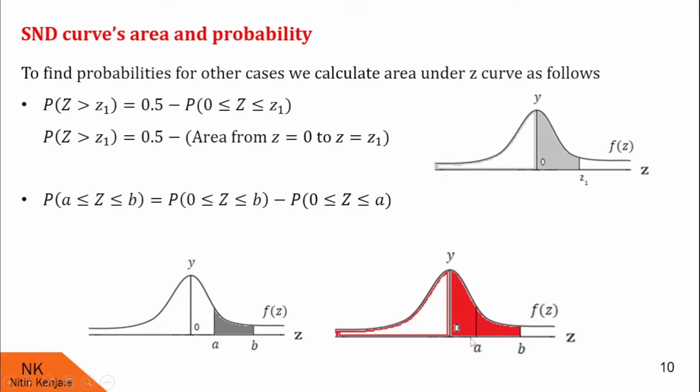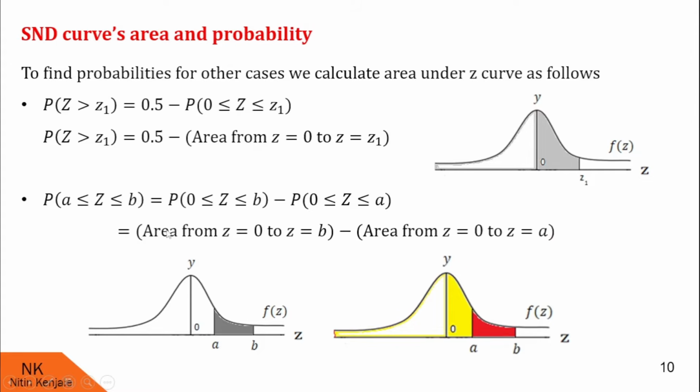Look here. This red color indicates the area from z equal to 0 to b, and this yellow color indicates the area from z equal to 0 to a. So if we subtract this yellow area from this red area, we will get the area from z equal to a to b. So we write probability of z between a and b is equal to the area from z equal to 0 to b minus the area from z equal to 0 to a.